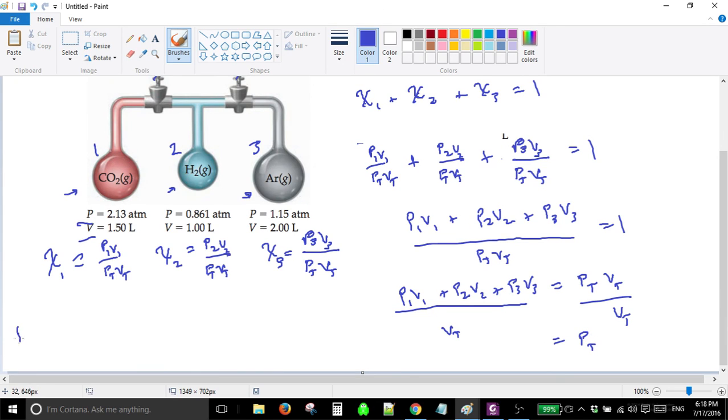So in other words, P total is equal to, I will now substitute things in, 2.13 times 1.5 plus 0.861 times 1, 0.861, plus 1.15 times 2, so that's just 2.30, and all that's divided by the total volume, which is, this is 1.5, this is 2.5, this is 4.5, 4.5 liters.